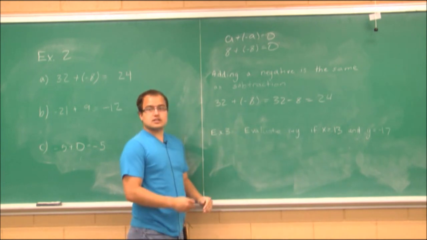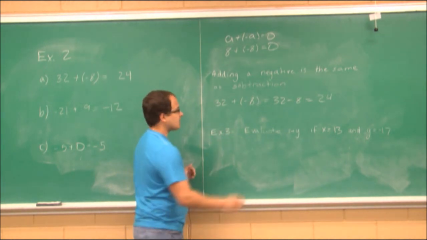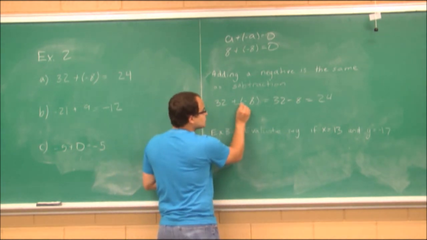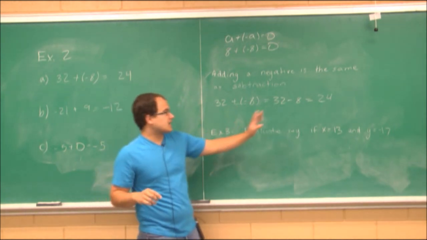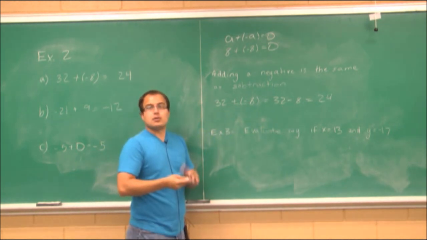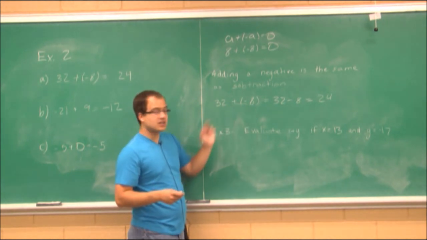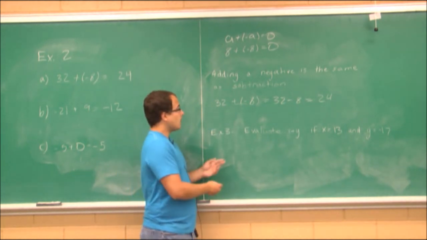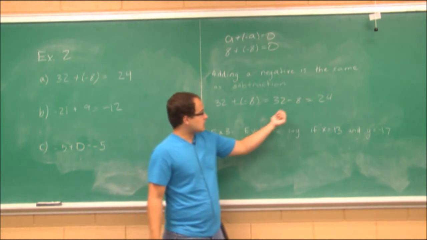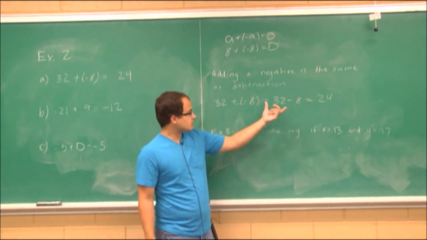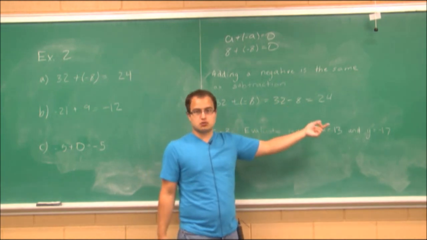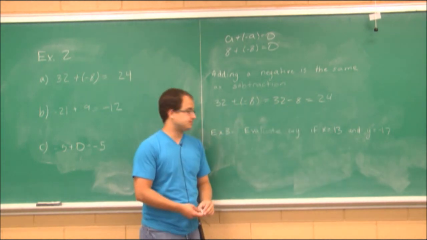The reason I do it this way is because I don't like having two signs right next to each other. So I simplify it down into one sign. When we get to subtraction, I'll do the same thing with two negatives. But right now we have a positive and a negative, so I'm going to simplify it down into one negative. They have opposite signs, subtract them, keep the sign of the larger.